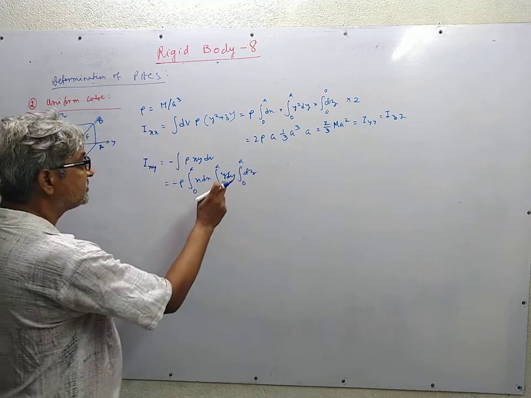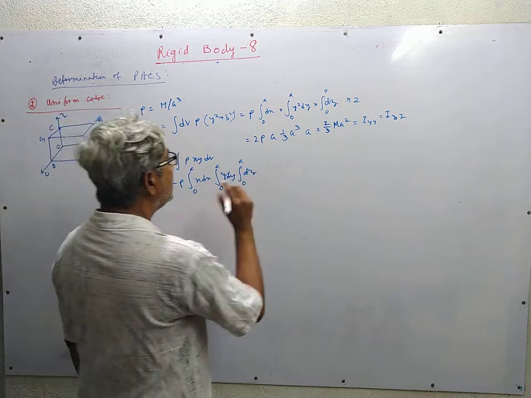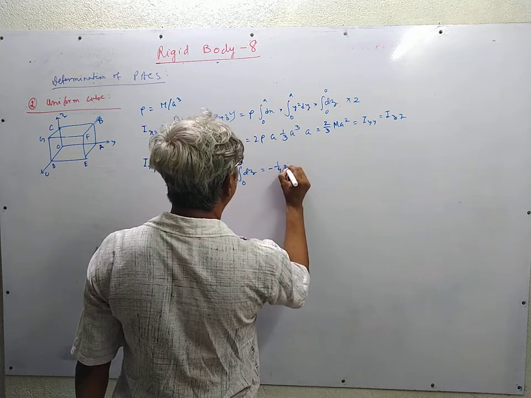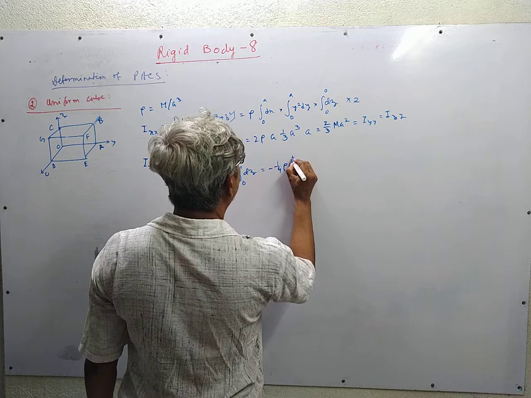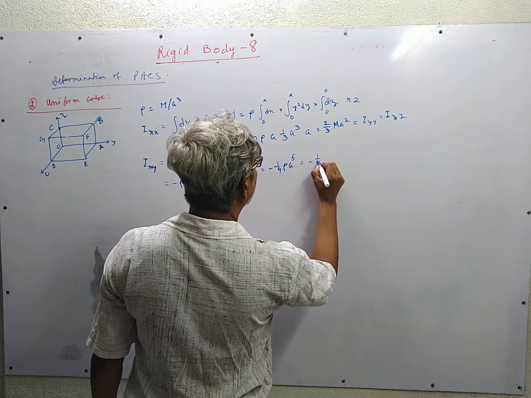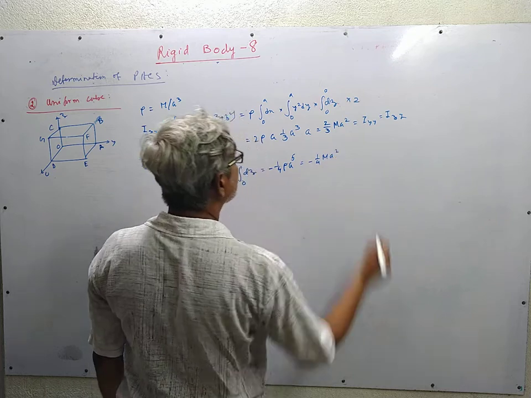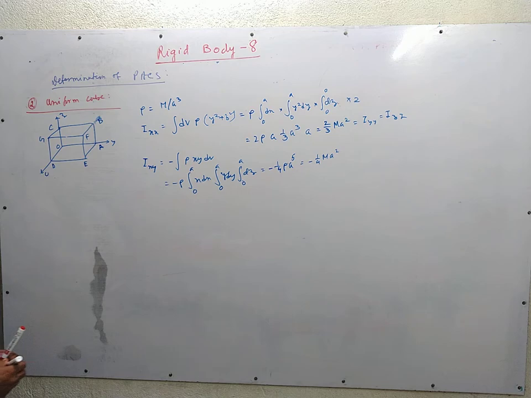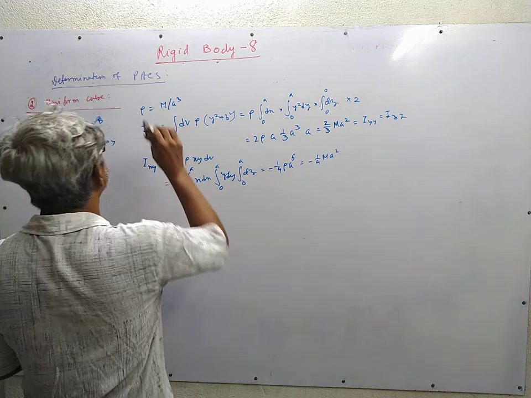This is half a square, half a square, so this is minus 1/4 rho a to the power 5. So this is minus 1/4 m a square. So we get the moment of inertia tensor in this coordinate system.